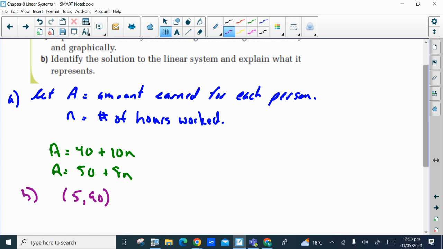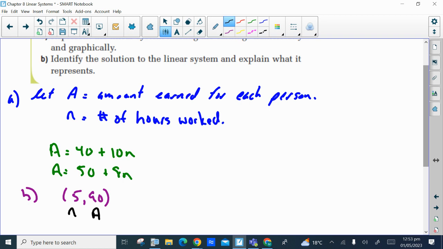Now, when I wrote the equation, remember the independent variable is the variable that's in the equation. That's always the first number in the ordered pair, which is N. N, the number of hours worked, is independent. A, the amount, is the variable outside the equation. It is the dependent variable. The amount that a person earns depends on how many hours they work.